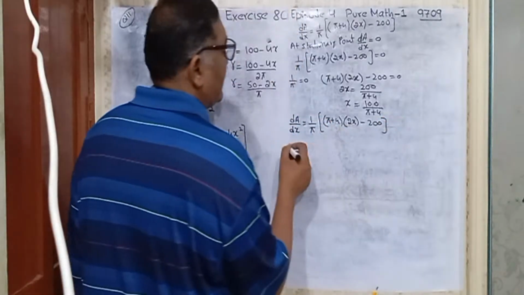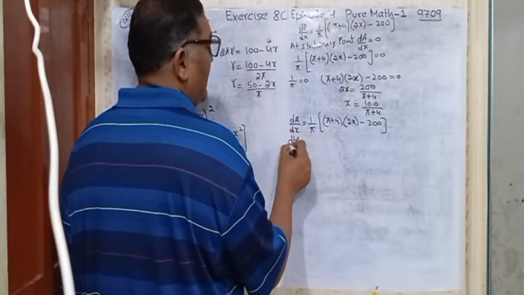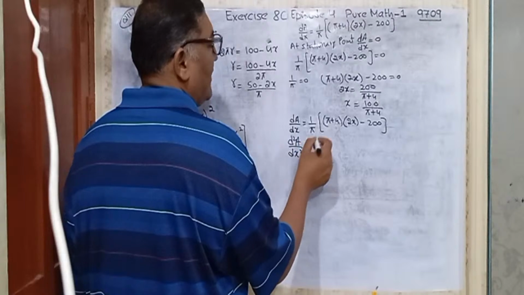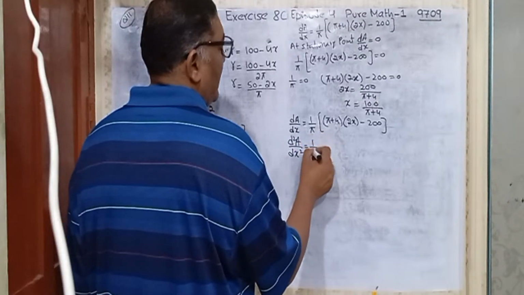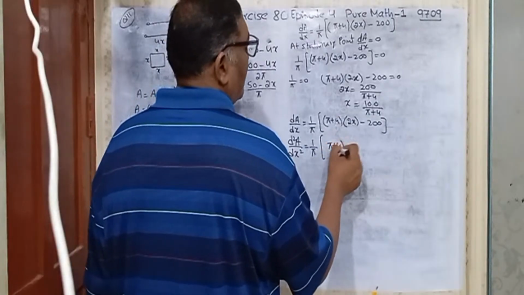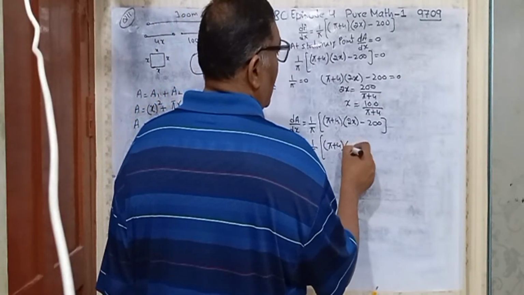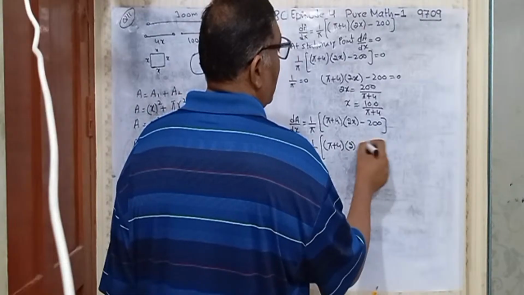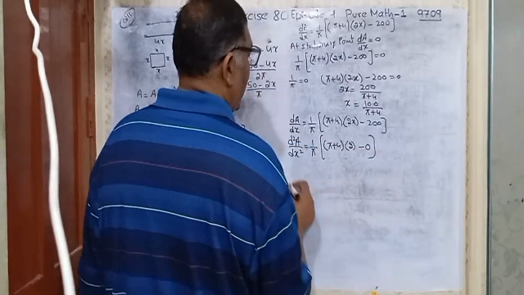So I will find its second derivative, that is d square A by dx square. 1 by pi will remain as it is. Its derivative will be pi plus 4, this is a number, okay? The derivative of 2x is 2. The derivative of 200 is 0. No need to write this, okay?